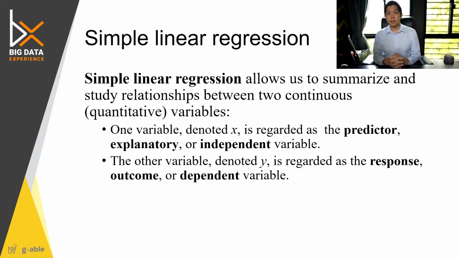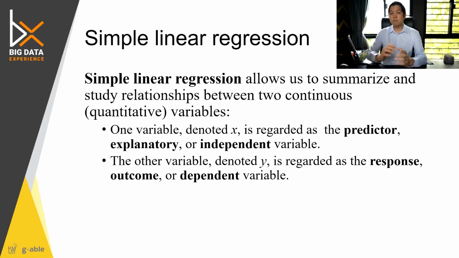So basically, x is something that you want to use to explain the variations of y, and y would be the dependent variable, the variable that would react to the change in x.